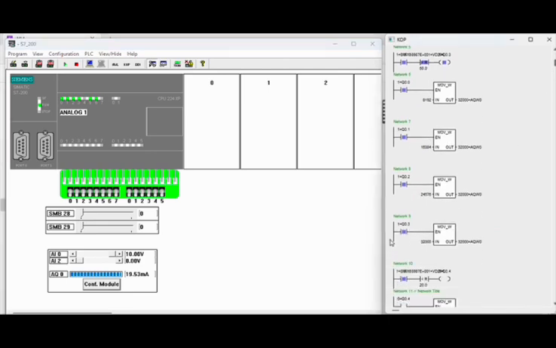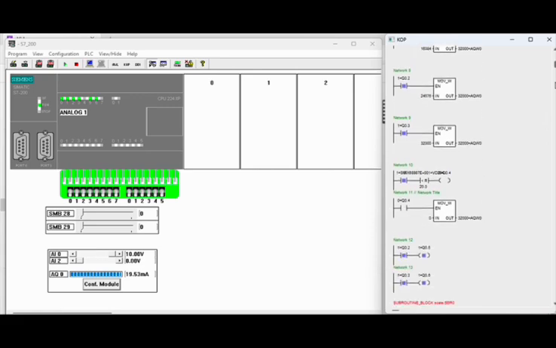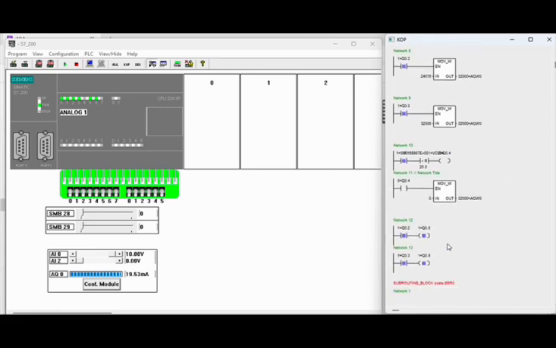The critical level indicator light is also turned on. All light indicators are turned on: low, medium, high, and critical, which turns on pump number 2 to be activated. So now we have 2 pumps running at the same time due to critical level.